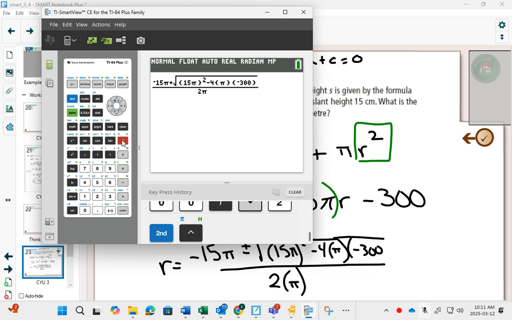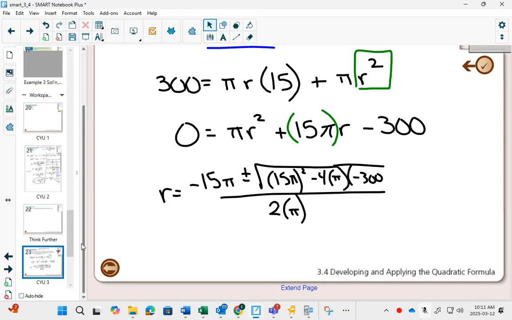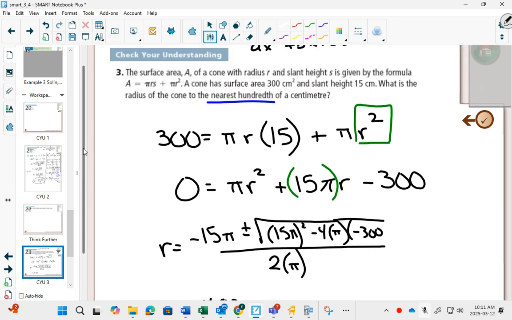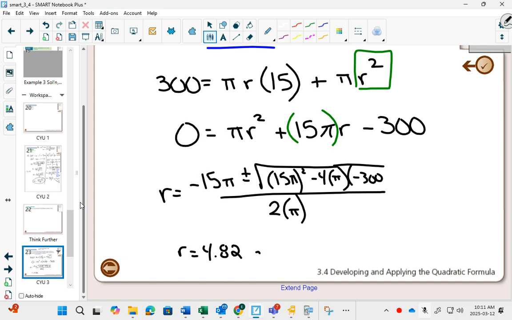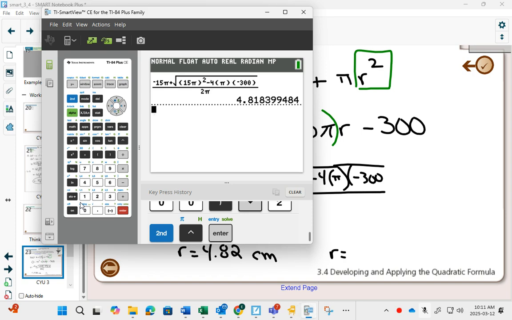So without doing any mental math whatsoever, I can push enter and I get 4.82 as one answer. And because it's a word problem, I should check, are there units? Yes. Centimeters.